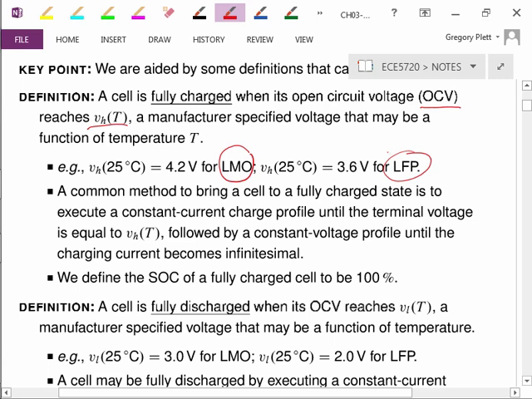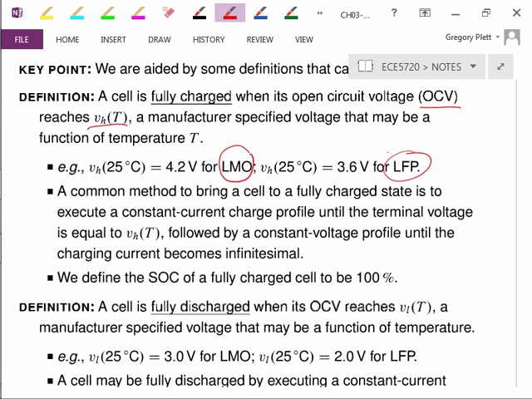And then we hold the cell at that maximum voltage, at that constant voltage, until the charging current becomes infinitesimal. This is constant current, constant voltage charging, and we looked at that at the end of the last chapter. This is what's almost always done in a laboratory to bring a cell to a fully charged state.